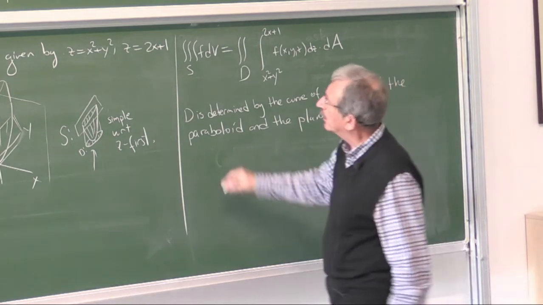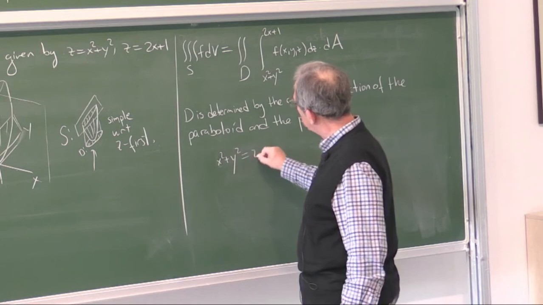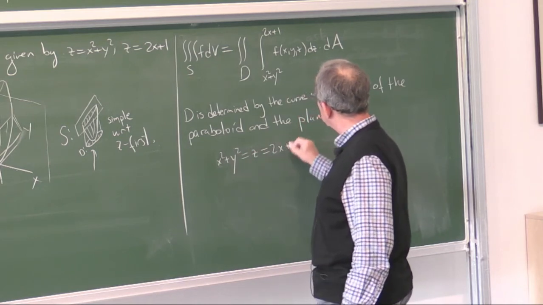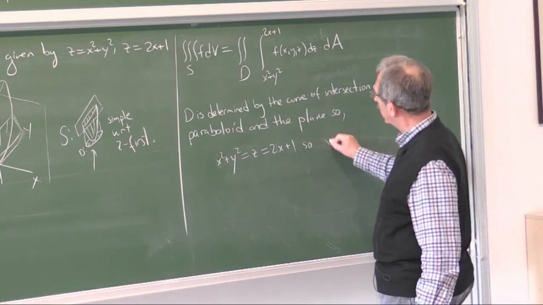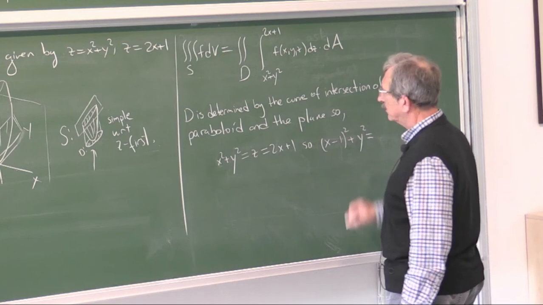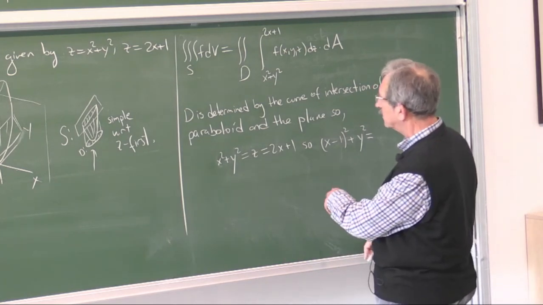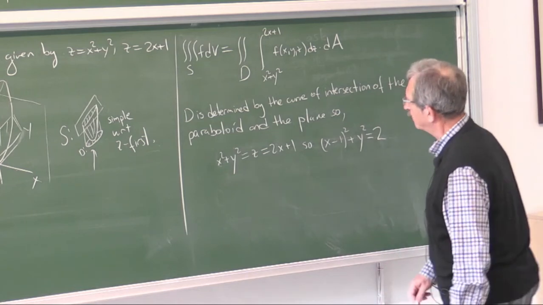So we have x squared plus y squared equal to z, and that is 2x plus 1, which of course says that we get (x minus 1) squared plus y squared equal to 2.